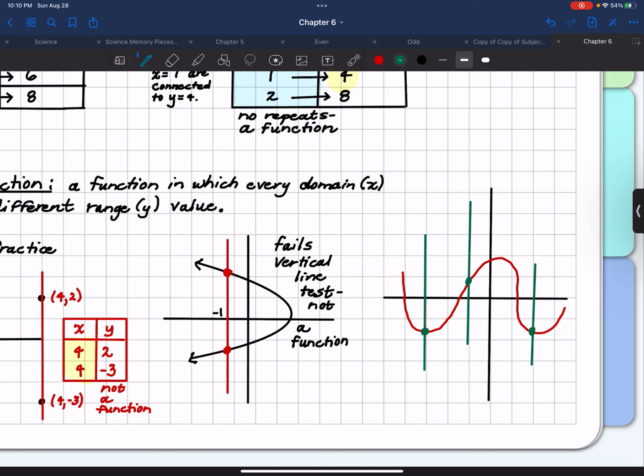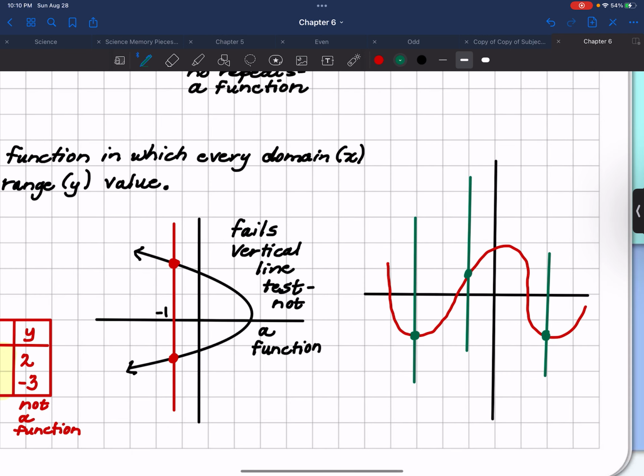That's okay. We can draw all the vertical lines we want. We just can't have 2 points on the same vertical line. So we would say that this one passes the vertical line test. So it is a function.